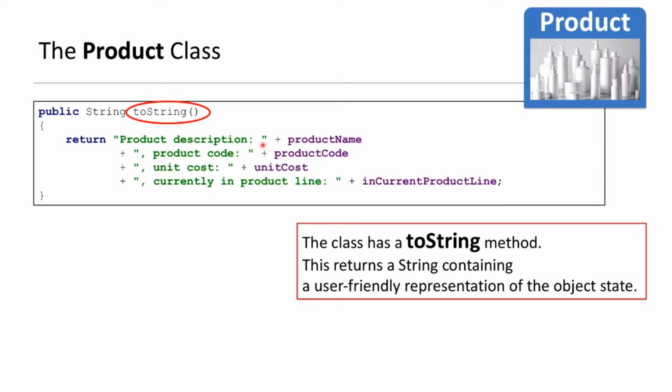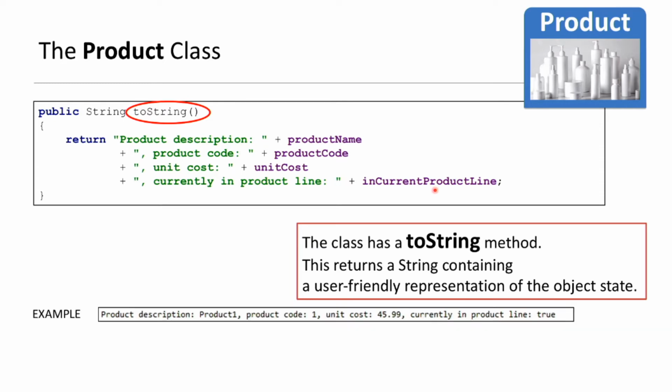Notice the colon and the space, and then we're adding the value of the product name field to that. Then we're adding a comma, space, product code, colon, space, and then the field value of product code, likewise for unit cost and whether it's in the current product line or not.